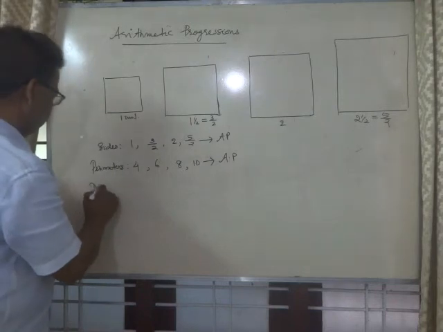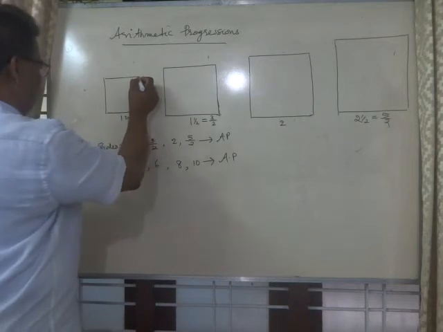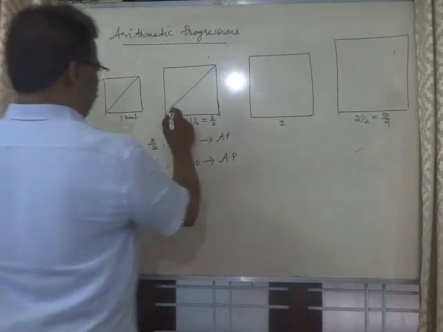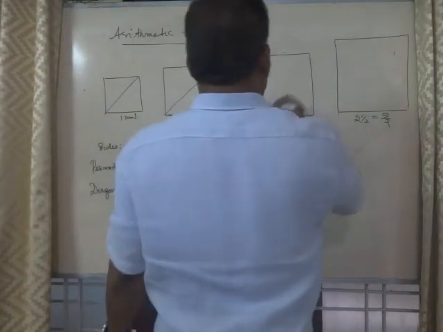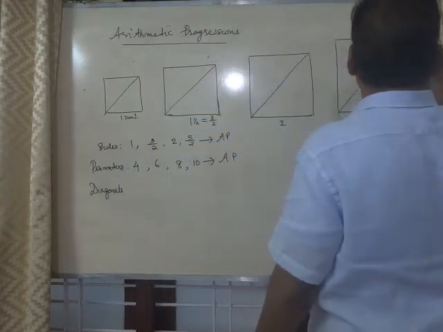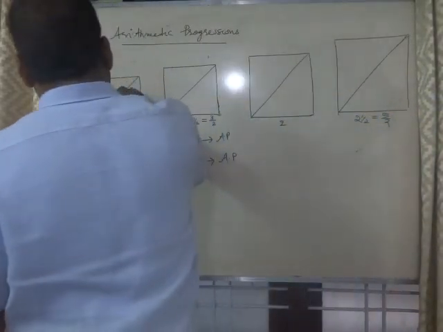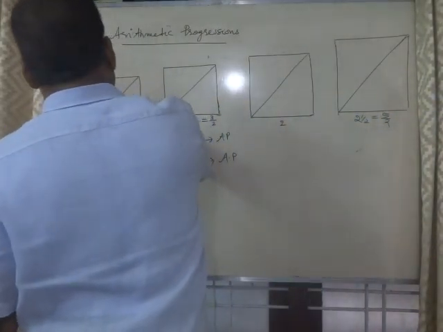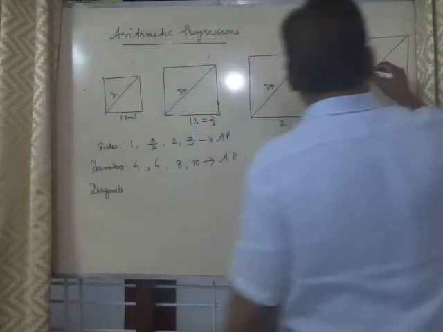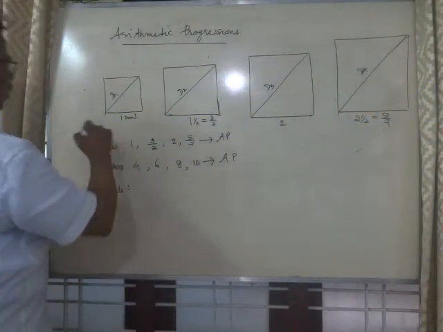Then diagonals. We shall draw the diagonals. D1, D2, D3 and D4. What is the length of the first diagonal?